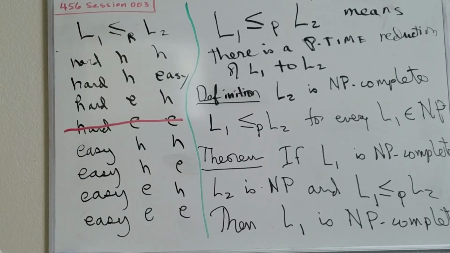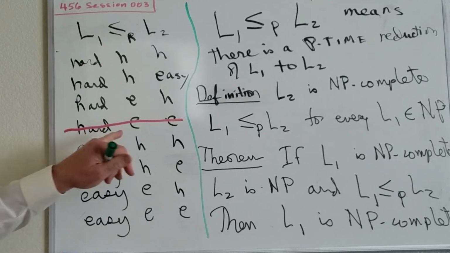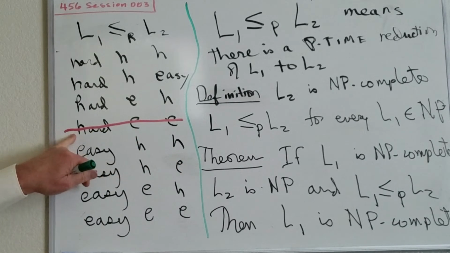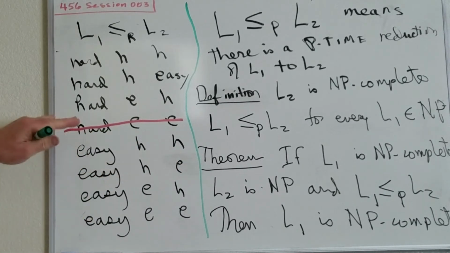If R is easy and L2 is easy, then L1 must be easy. So therefore this line is impossible.